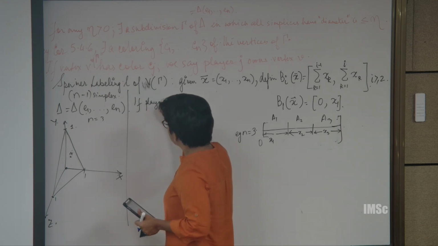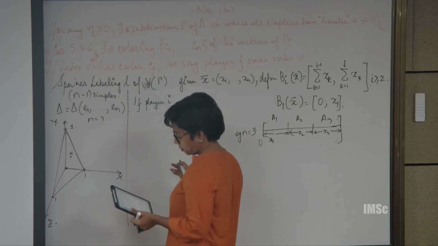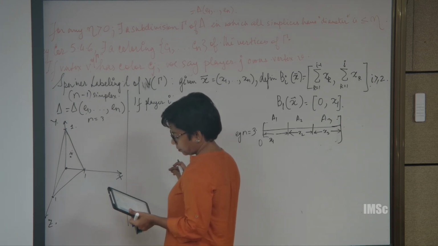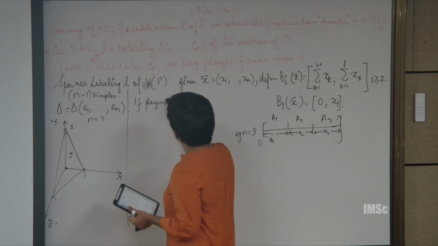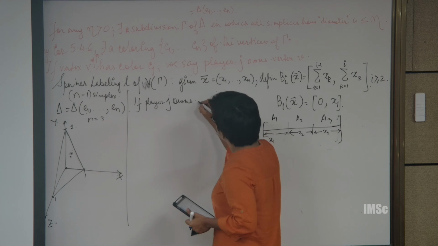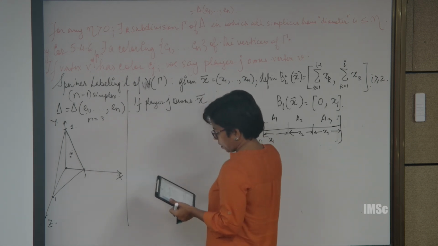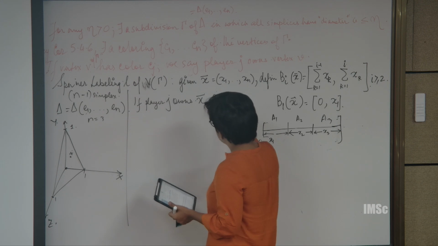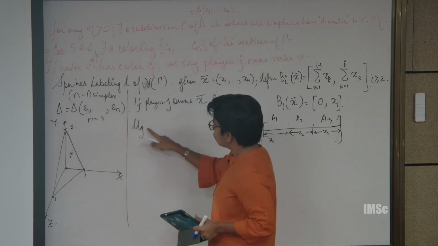Player j owns this vertex x, okay, this vertex x, and this is player j's preference.